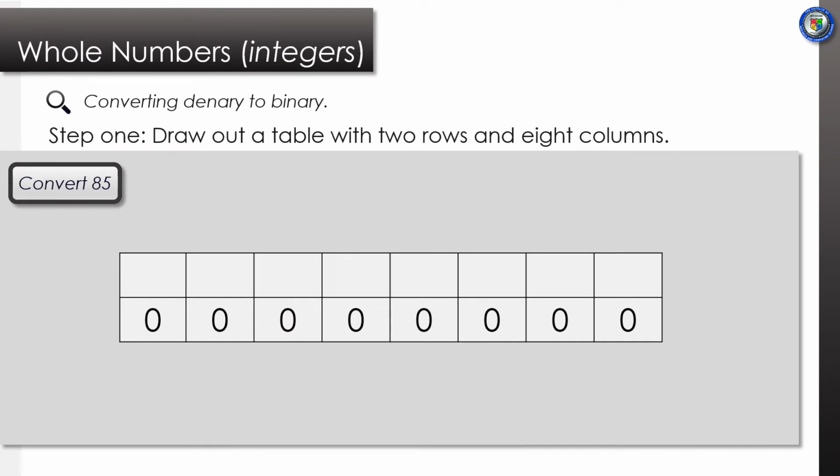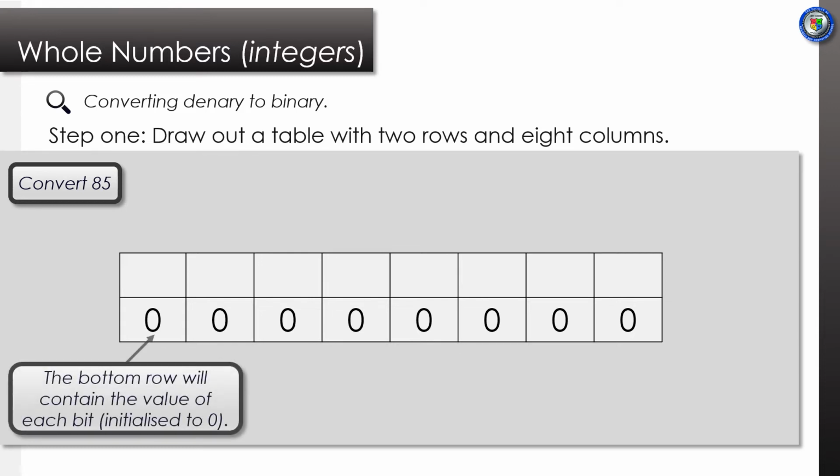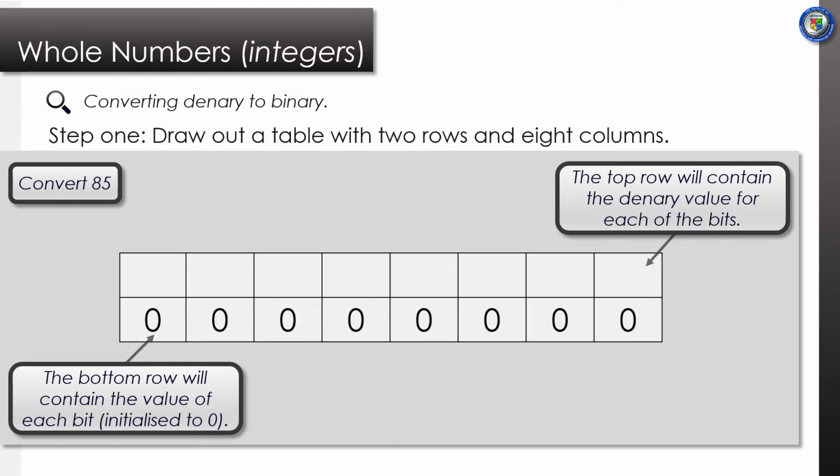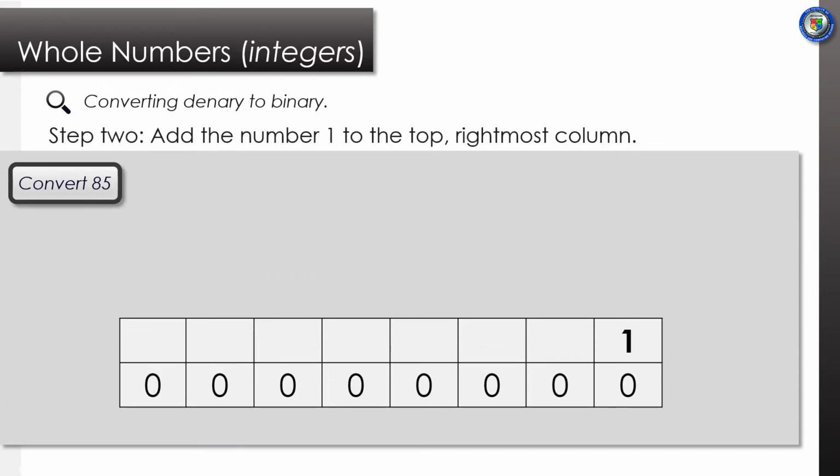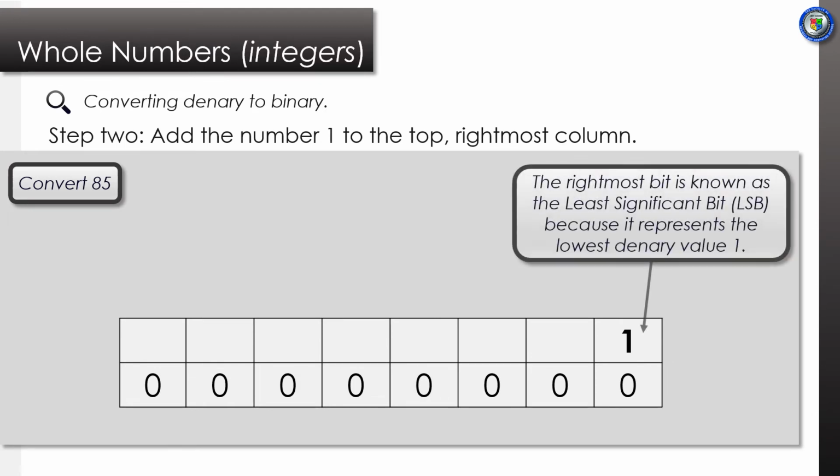Now let's look at a denary to binary conversion example. We'll convert the number 85 into binary. The bottom row will contain the value of each bit. They're all being initialized to 0 at the moment. The top row will contain the denary value for each of the bits. In this case, we have ones, single units.